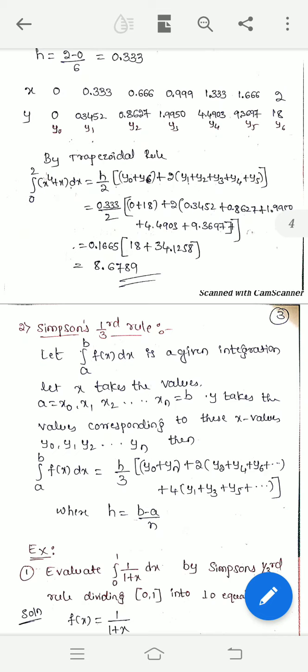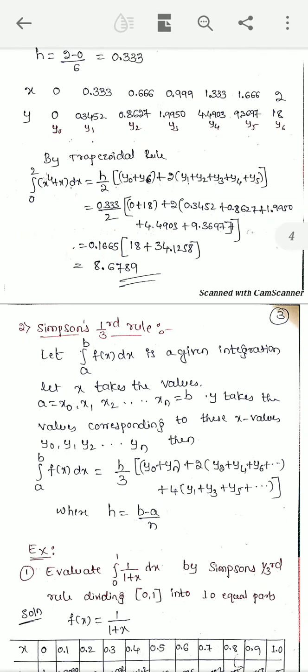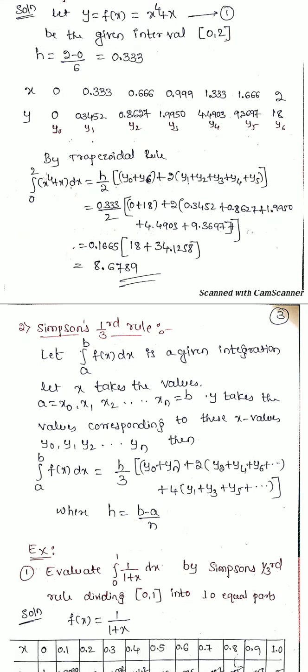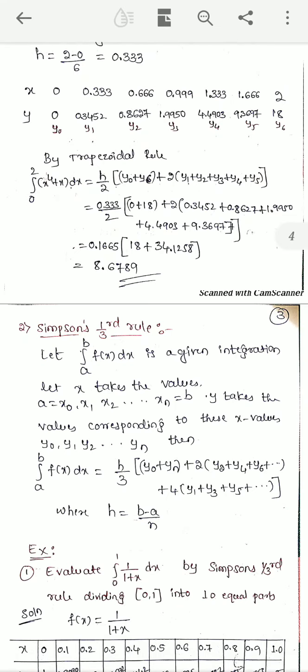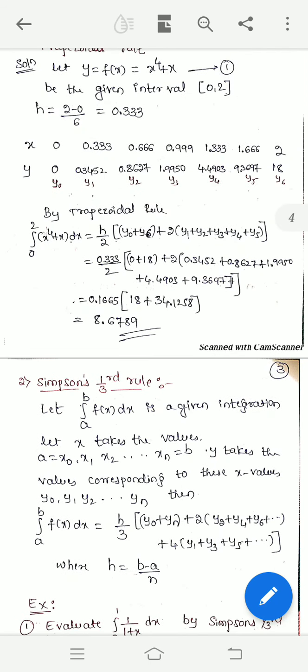Therefore, we will get 0.1665 into (18 plus 34.1258). The total answer of this will be 8.6789. Okay, this is one of the methods, called the trapezoidal rule.